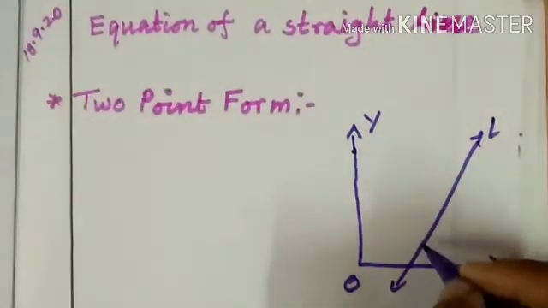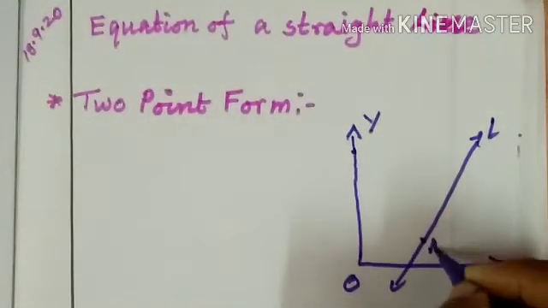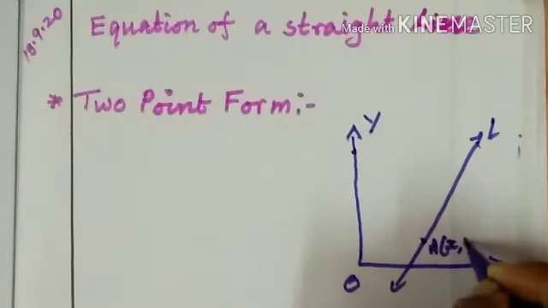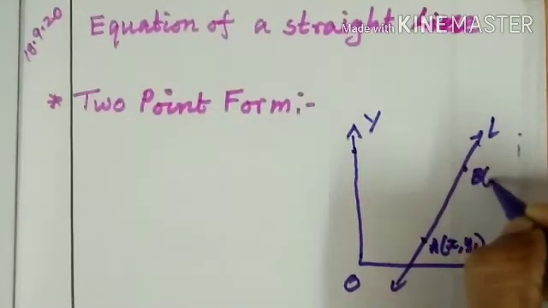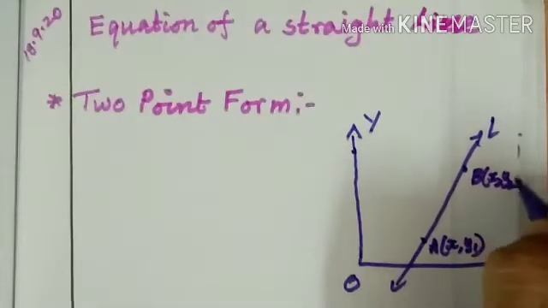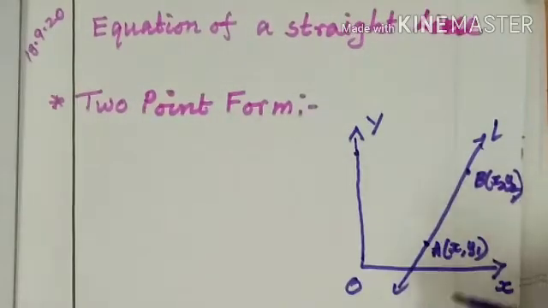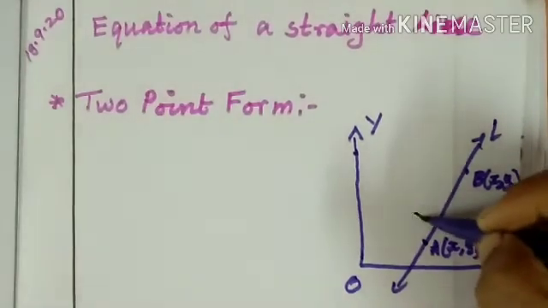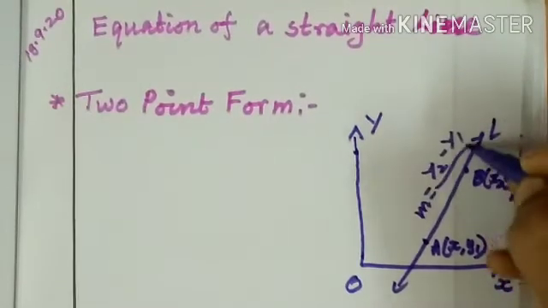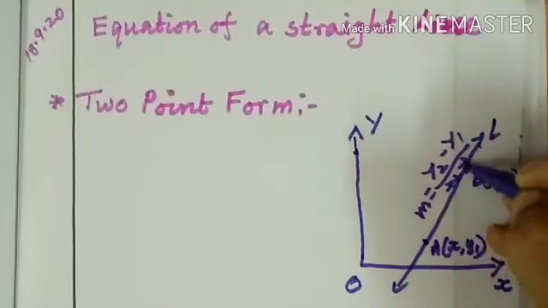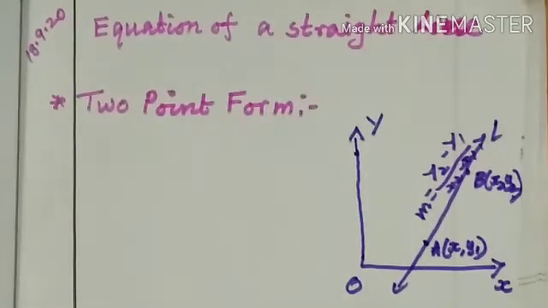Let A x1, y1 and B x2, y2 be two given distinct points. The slope of this line is m is equal to y2 minus y1 by x2 minus x1. These are the given for this form.